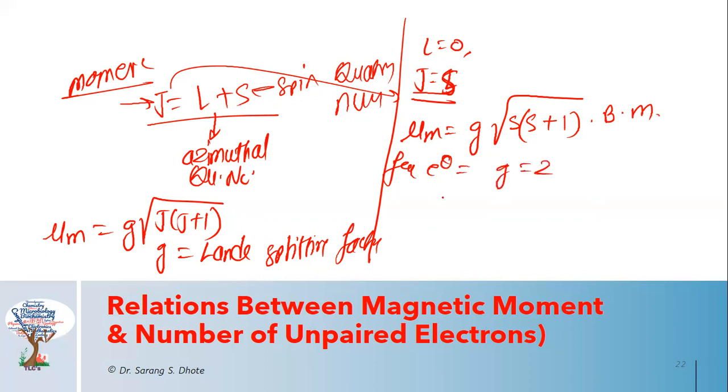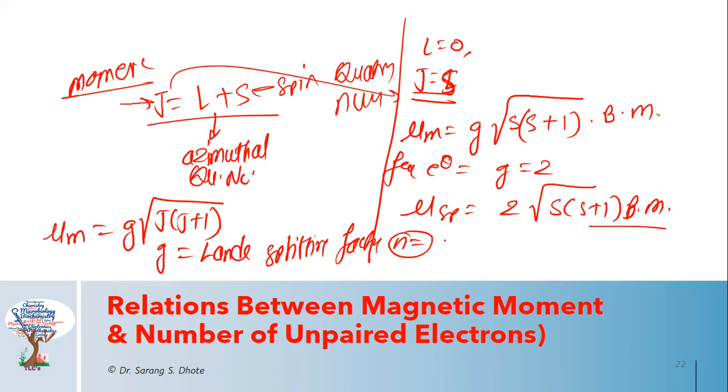For free electrons, g is equal to 2, so mu spin is equal to 2 under root S, S plus 1 Bohr magneton. Now, if n is the total number of unpaired electrons, then S is equal to n by 2. So instead of S, we can write n by 2.